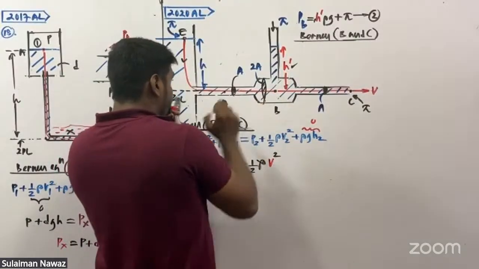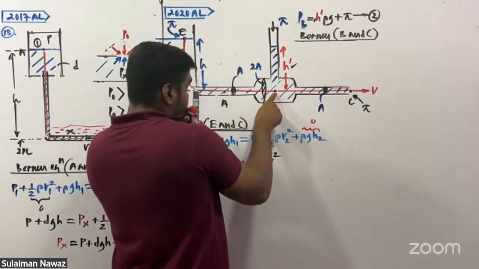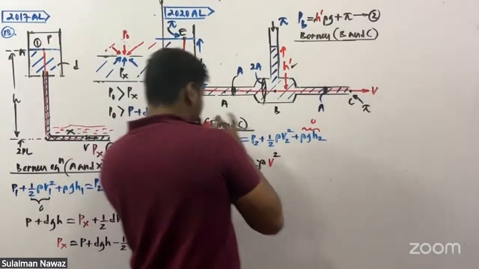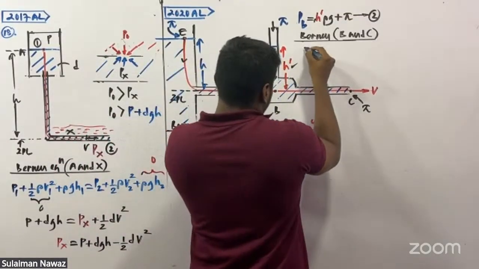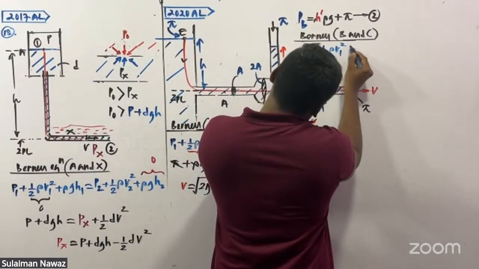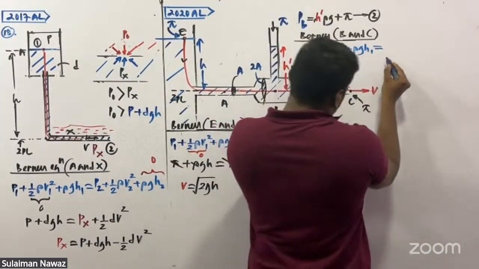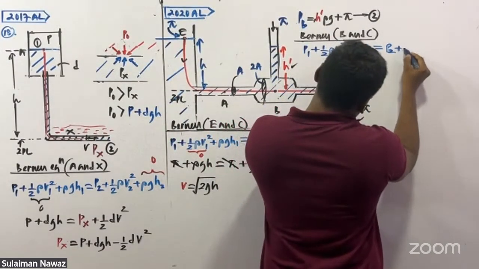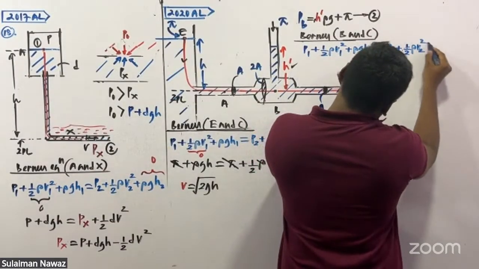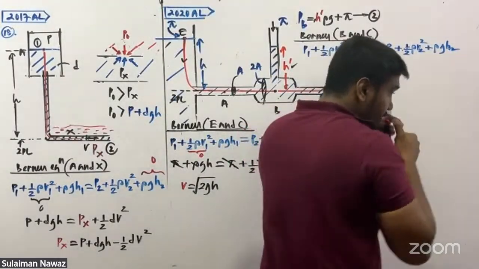Pressure at point B means H dash rho G. Now see, I'm writing the equation, I'm lazy: P1 plus half rho V1 squared plus rho G H1 must be equal to half rho V2 squared plus rho G H2, right? At least you guys still don't need to write these things.